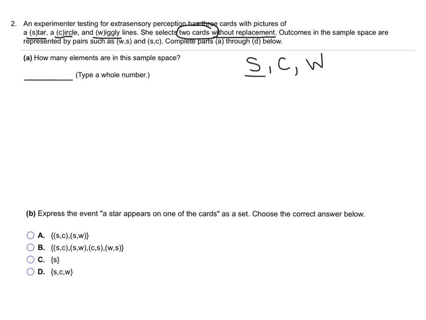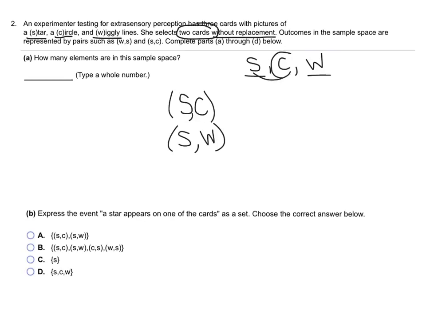So if my first card is a star, the second card can either be a circle, or the second card can be a wiggly line. Those are my outcomes for selecting a star first.